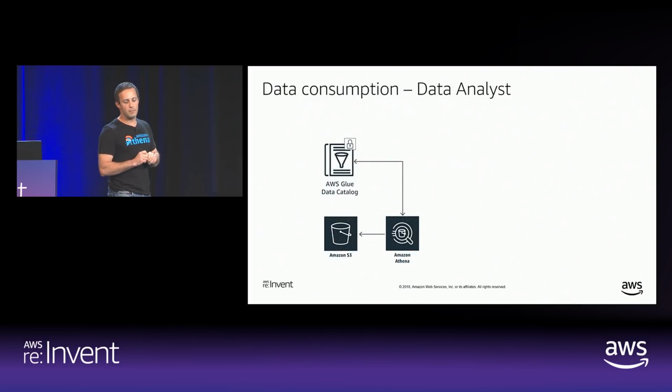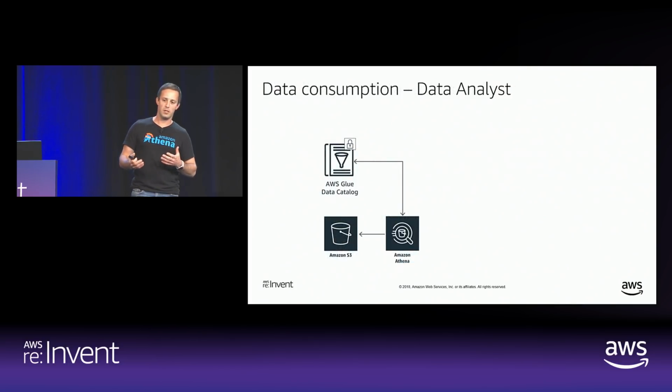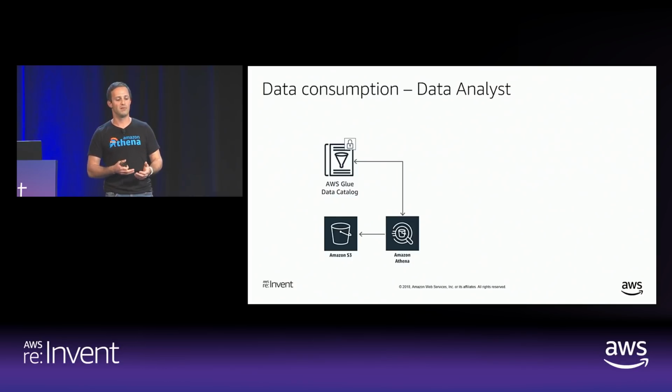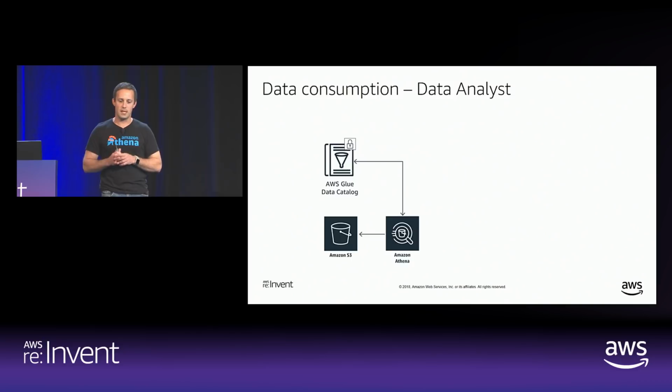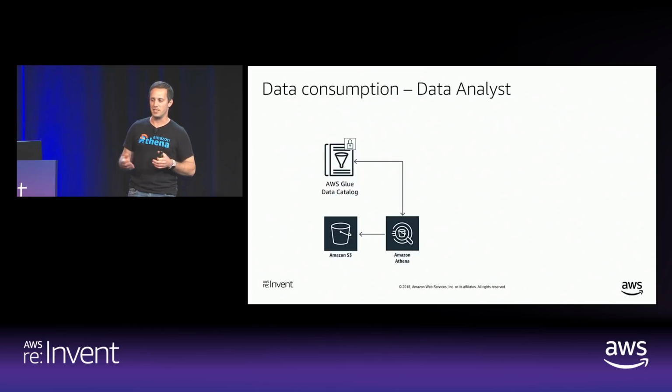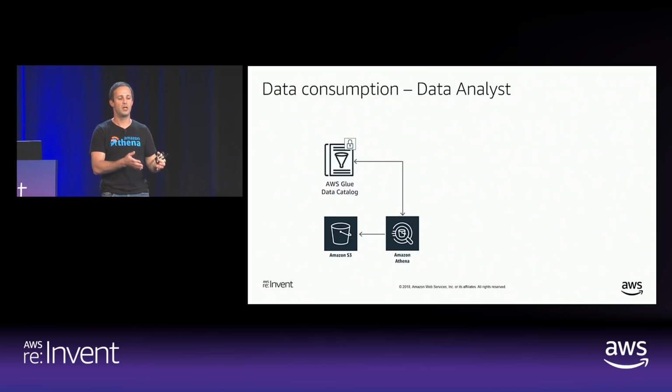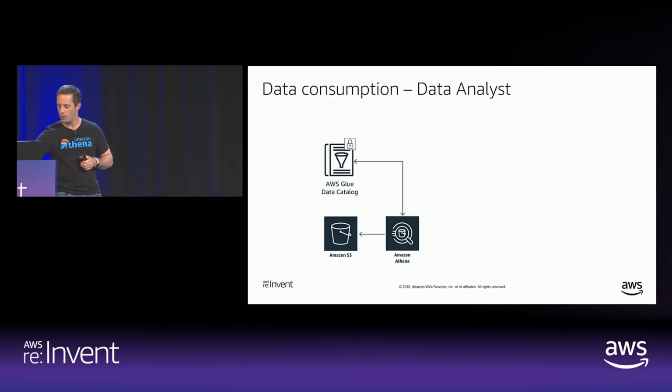All right, so we talked about consuming the data. One user or consumer of the data is a data analyst. When we look at this, there are a number of improvements and optimizations that we did over 2018 to really help this data analyst be more efficient and get access to the data much quicker.